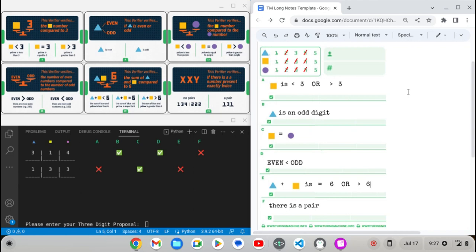I think there should be only 2 with sum of 6, because it's either 1, 5 or 5, 1, and then the circle just follows the square's lead. What about greater than 6? That would be a 3, 5, 5, or all 5s.